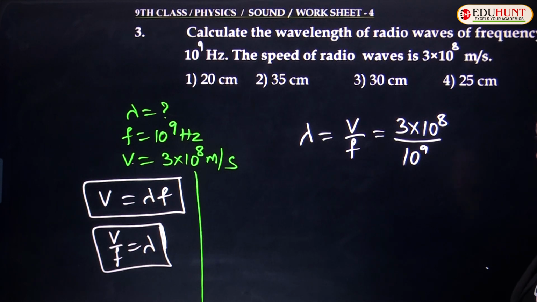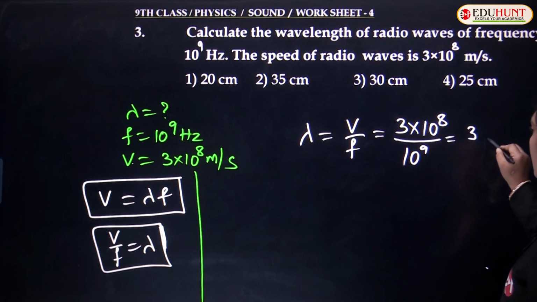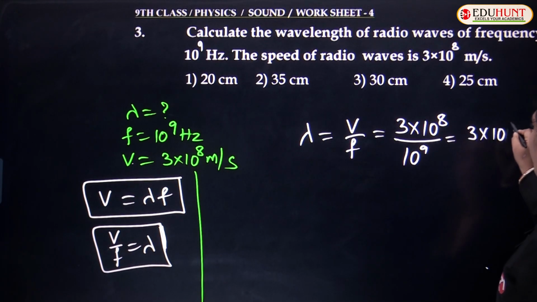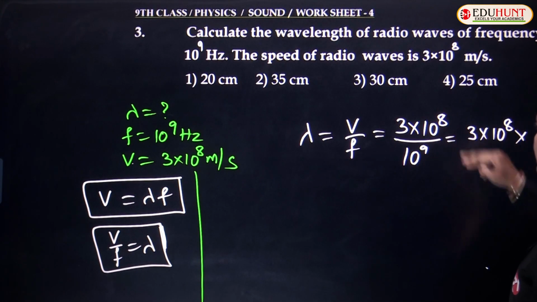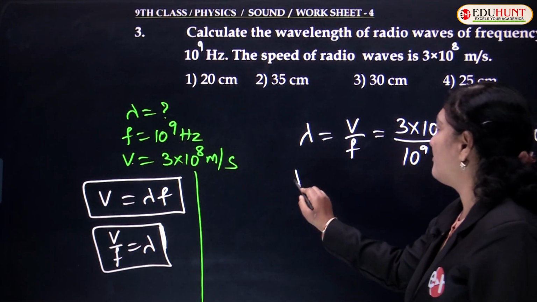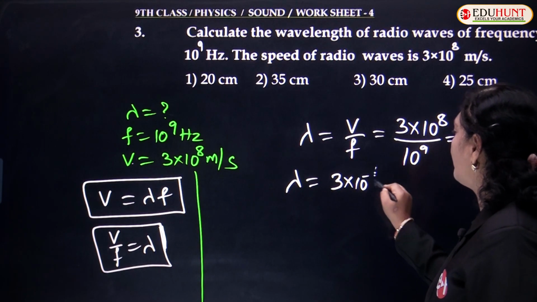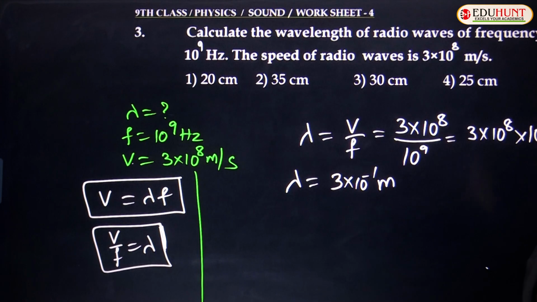And this will be equals to 3 into 10 power 8 into 10 power 9, if it is brought up, it will become 10 power minus 9, and hence the value of lambda is found to be 3 into 10 power minus 1 meters.